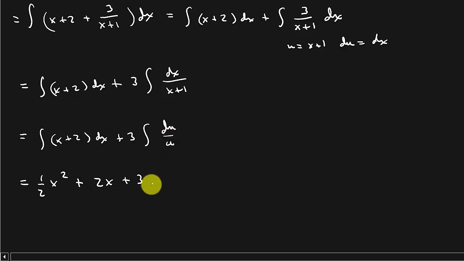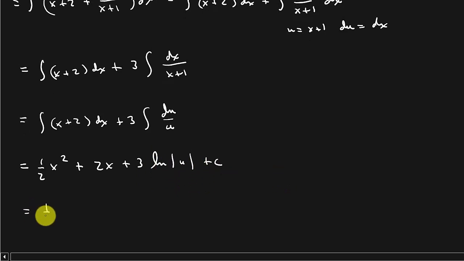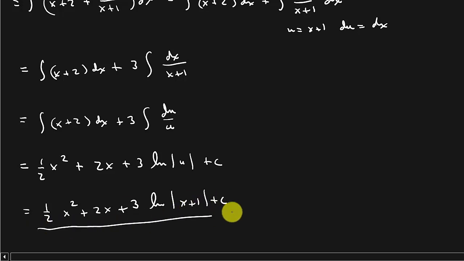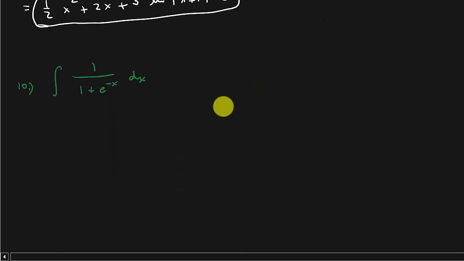That's one of the formulas at the beginning. That's natural log absolute value of u plus c. And so now this is 1/2 x squared plus 2x plus 3 natural log, and what is u? U is x plus 1, plus c. And there's your answer. Okay. So that one was a little more involved, but it's not that bad.